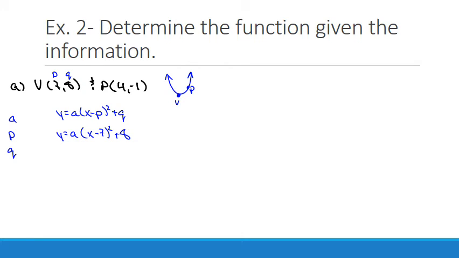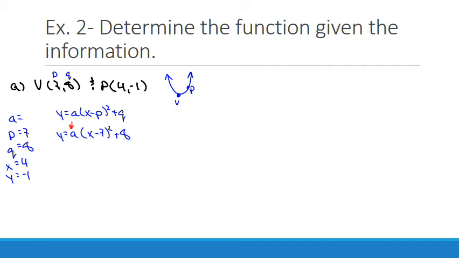Then when you look at this, you can see I still need my a value. How can I find it? The only way we can find it is by solving for it. To solve for it, I need to replace the x and y with something, so a is the only variable left over, and then I can solve for it. My p is 7, my q is 8. I'd look for some point. If I'm not given a point, I have to find a point from the parabola.